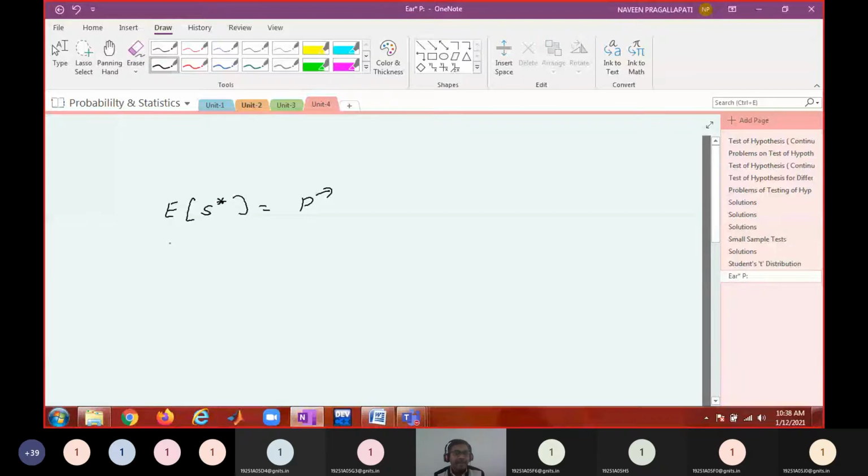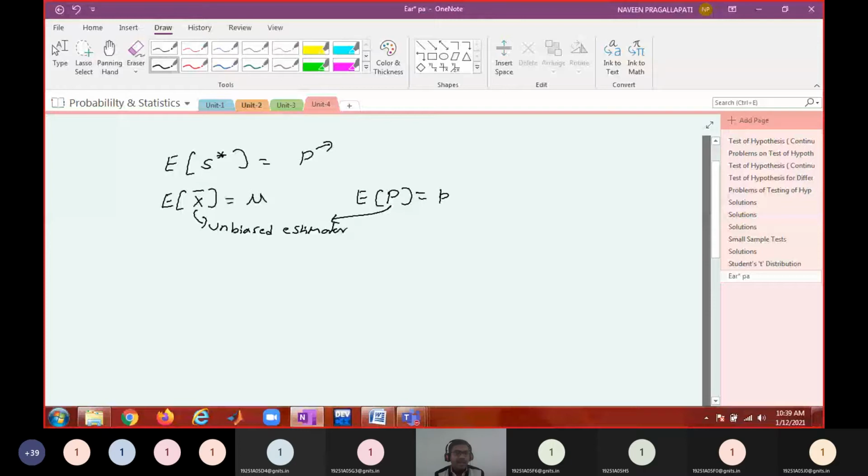We have seen that the expectation of x bar is mu, therefore x bar is an unbiased estimator. Also, the expectation of the sample proportion is equal to the corresponding population proportion. Therefore, sample proportion is also an unbiased estimator.